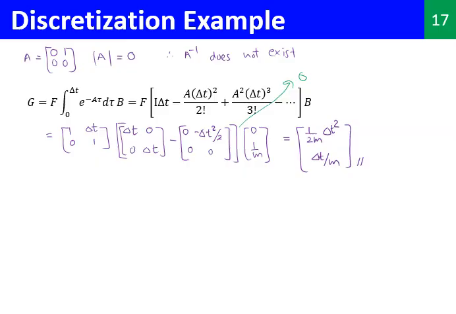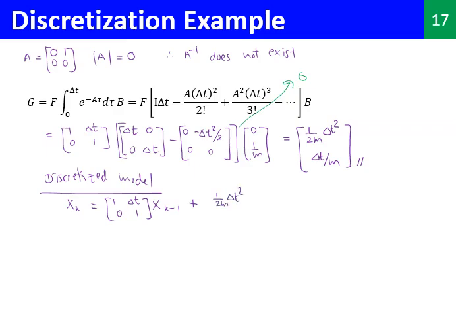So the discretized model would be xk equals F matrix, which is 1, delta t, 0, 1, times xk minus 1, plus G matrix, which is 1 over 2m delta t squared, delta t over m, times uk. This is the discretized model.